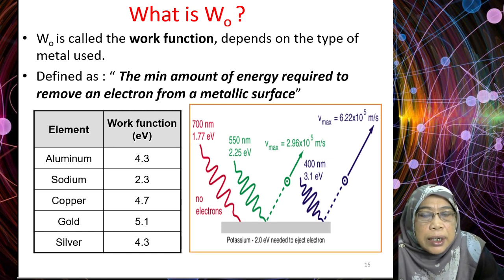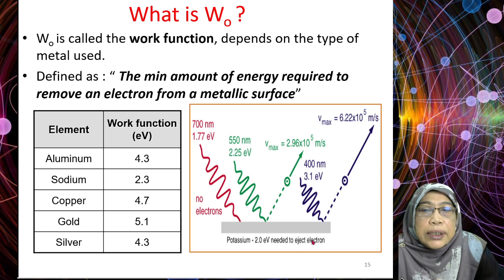Each metal has its own work function. For example, aluminium has 4.3 electron volt, sodium just 2.3 electron volt, copper higher than sodium at 4.7 electron volt, and then you have gold and silver. So it is constant for the specific metal.